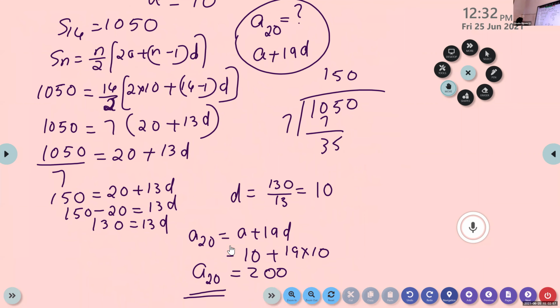Taking 7 to the denominator, 1050 by 7 is 150. 150 equals 20 plus 13D. So 130 equals 13D, D equals 10. After getting D, we can write A20. A20 is A plus 19D.